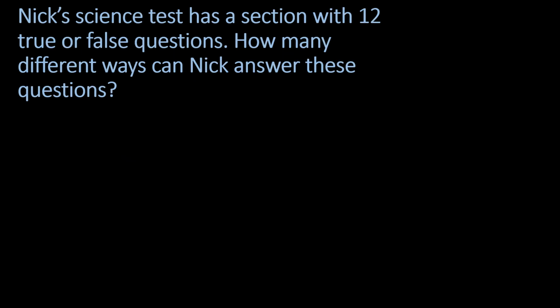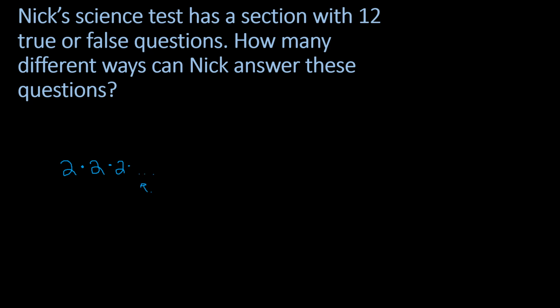Second example, Nick's science test has a section with 12 true or false questions. How many different ways can Nick answer these questions? So we got to think each question is true or false. So first question, we have 2 possible options. Second question, we have 2 possible options. Third question, we have 2 possible options. And you should kind of see this pattern here.